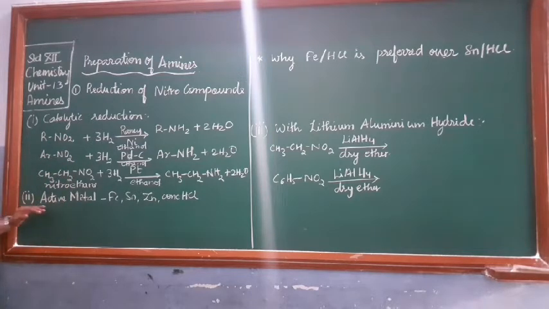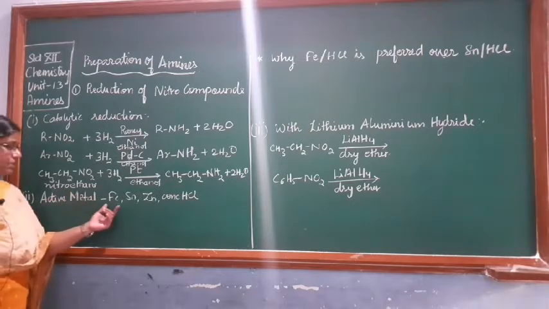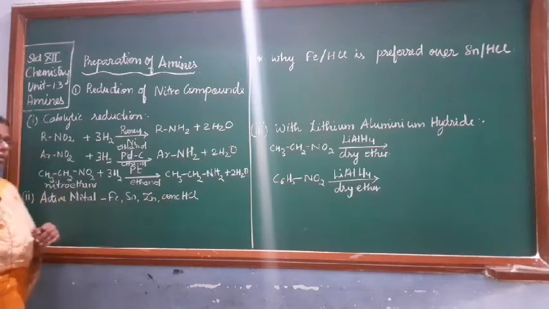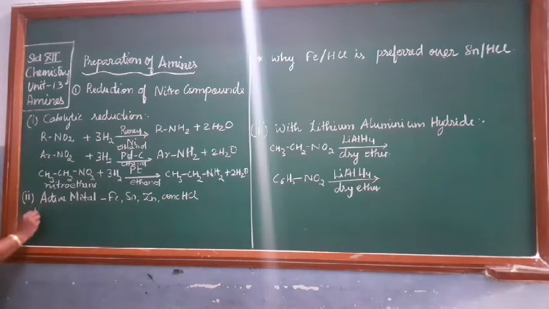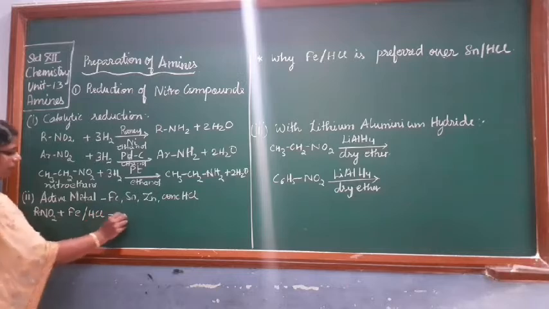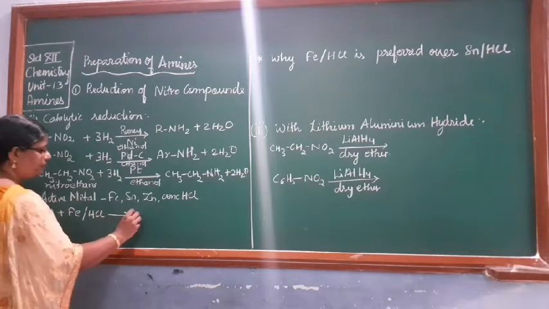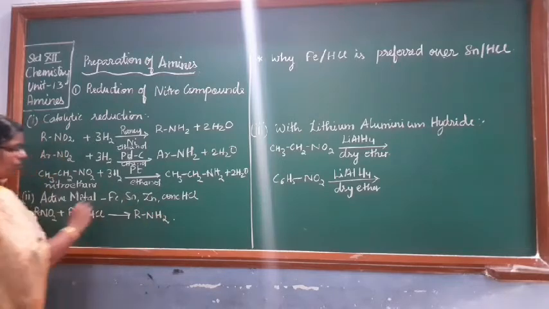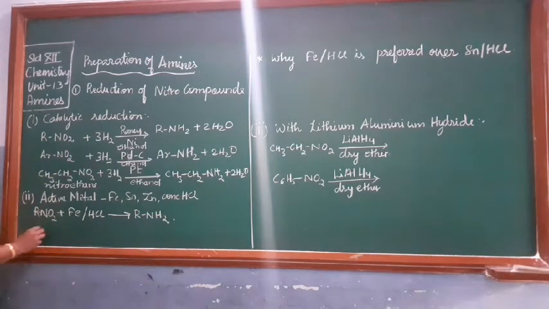Next, we can even reduce it with active metals like Fe, Sn, Zn in presence of concentrated HCl. So if I take the general equation RNO2 plus Fe, HCl, it will give you RNH2, the corresponding amine.